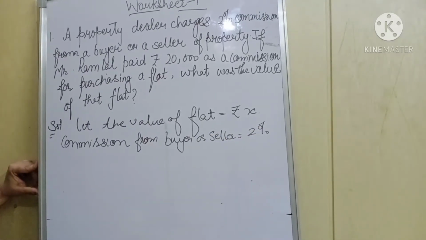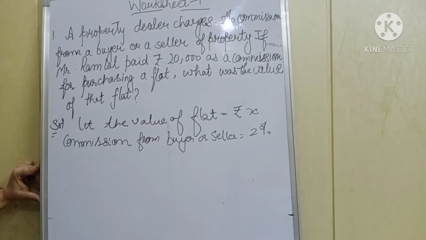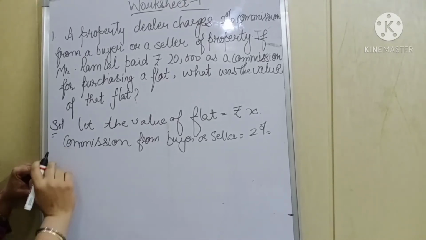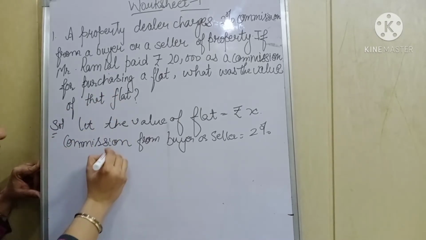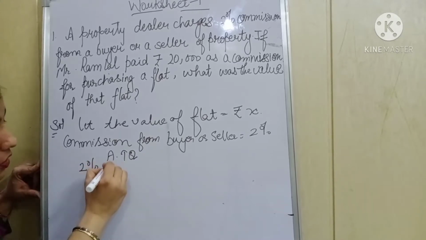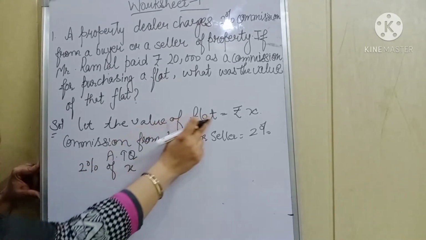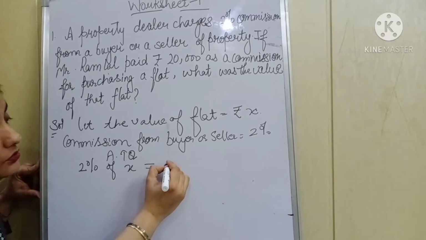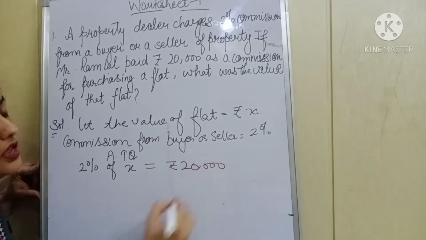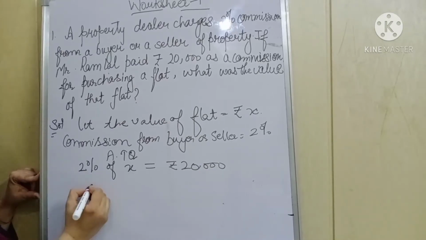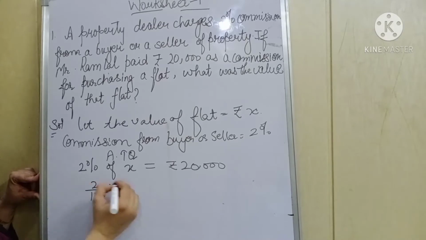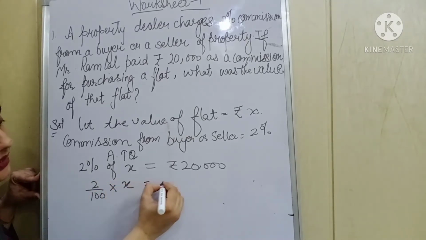How much commission did Mr. Ramlal pay? 2% of the flat. Now, according to the question, 2% of X, X is the value of the flat, is equal to rupees 20,000.